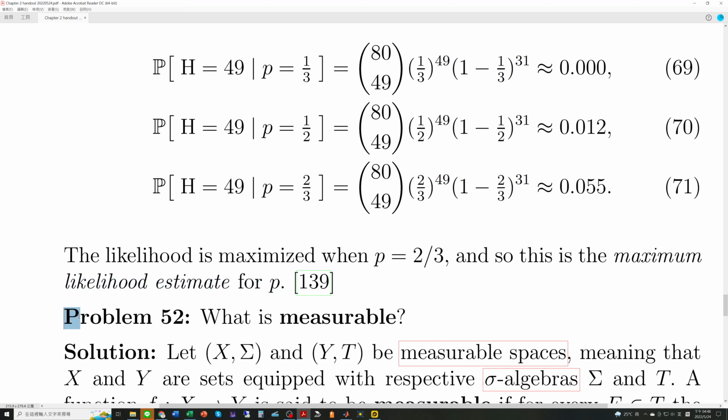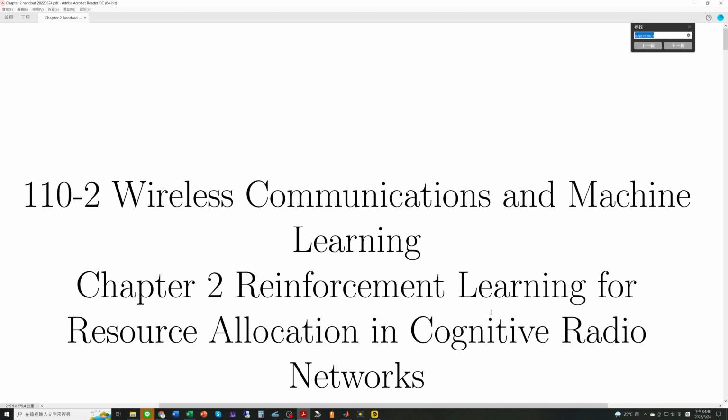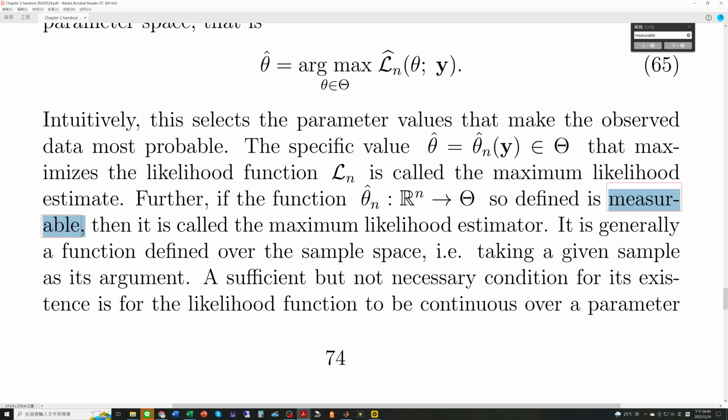Okay, then let us see problem 52. What is measurable? Why do we need to know what is measurable? Because let me show you. Let us search for measurable in this document.